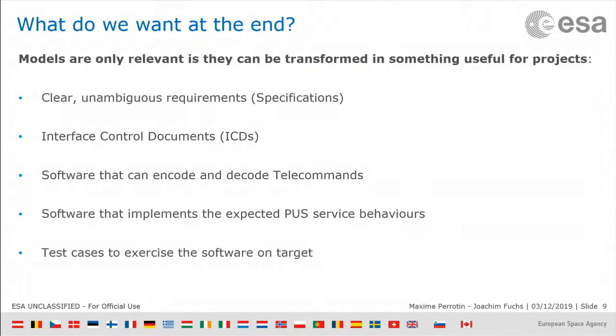But here we are coming to another point, another discussion we had also yesterday. Models for the model's sake, there is no use. So for me, it's important that we know exactly why do we want to create those models. Models are relevant when they can be used for something.